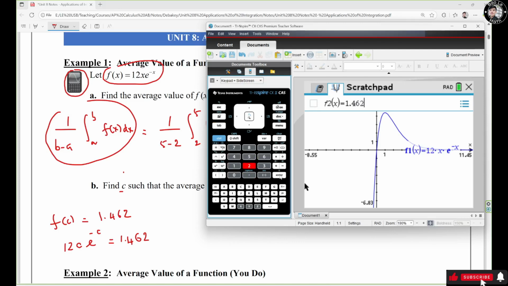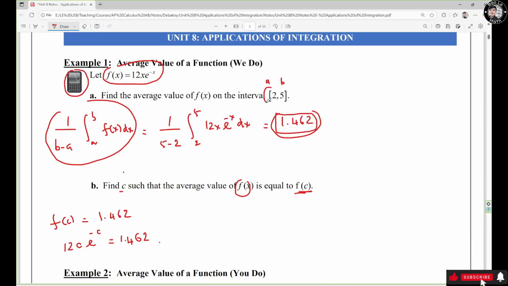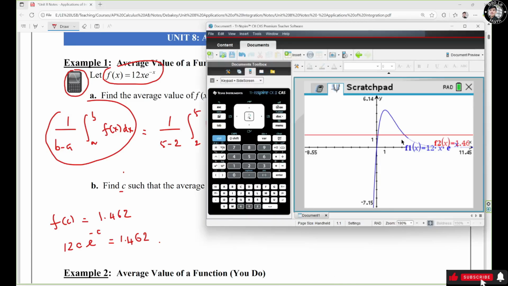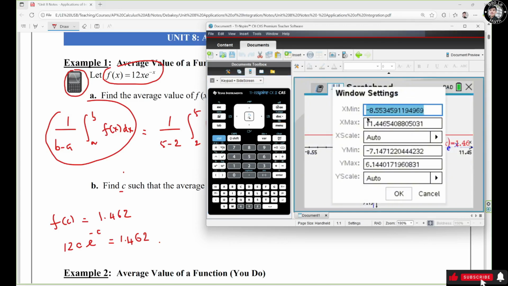Hit 1.462 and hit enter. Now you need to find the intersection on the interval 2 to 5 right here, so you need to limit the domain. You need to hit menu, number 4, window settings right here, s min equals 2, s max equals 5.